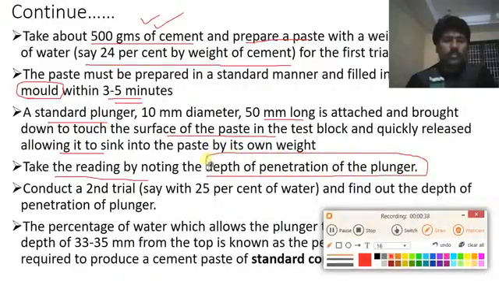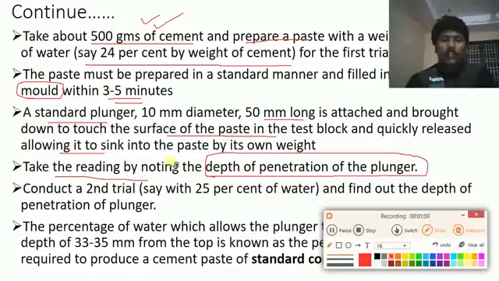This indication I have also shown in the front view of the Vicat apparatus, where the detailed indentations are mentioned. From that you can take the depth of penetration of the plunger inside the mold and check if the depth is between 33 to 35 from the top of the mold.